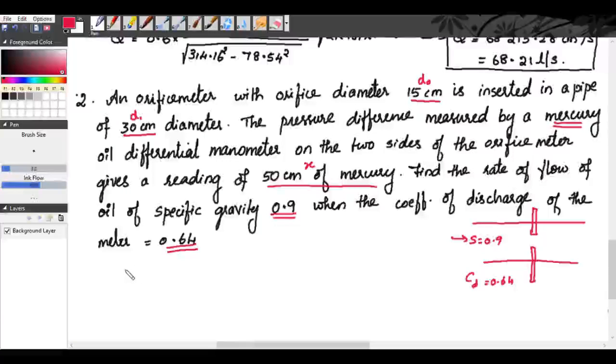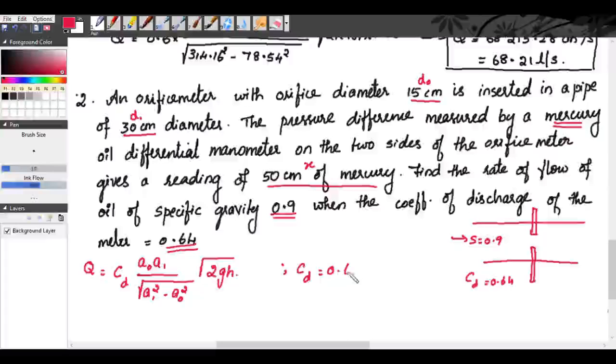So how will we find it? We know, as usual, our formula is Q is equal to CD into AO A1 by square root of A1 square minus AO square into root of 2GH. Now CD is given as 0.64.